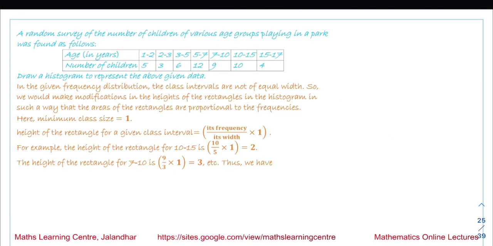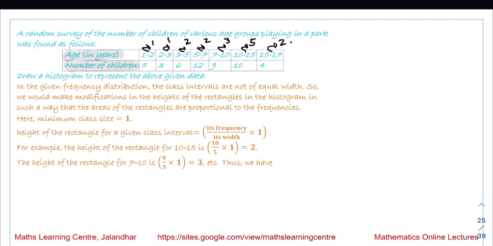Next we are given a random survey of the number of children of various age groups playing in a park, which was found as follows. So these are the ages in years and then the number of children. If we look at the age over here, the difference in these two values is 1, these two is 1, these two is 2, then 2, this is 3, this is 5 and this is 2.